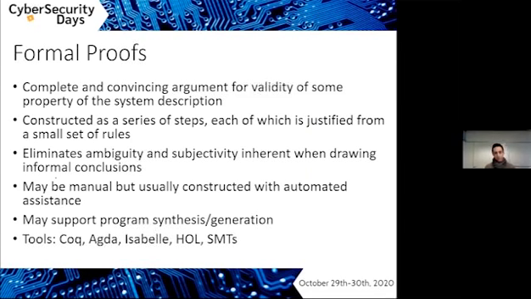The main reason is that they eliminate every ambiguity and subjectivity inherent in drawing informal conclusions. And often they support the synthesis or generation of code that by construction will be correct, since it started from a mathematical proof of what we wanted to achieve.